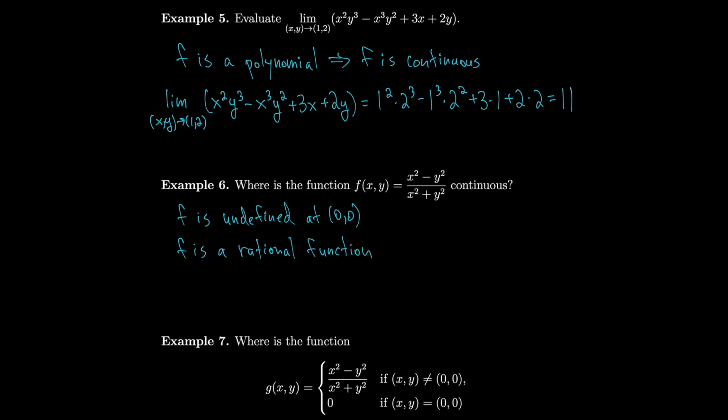So that means that f must be continuous on its domain, which is just where it's not undefined. That's where it is defined. So that's all of the points (x, y) such that (x, y) is not equal to the origin.